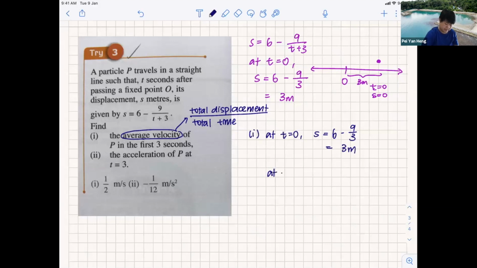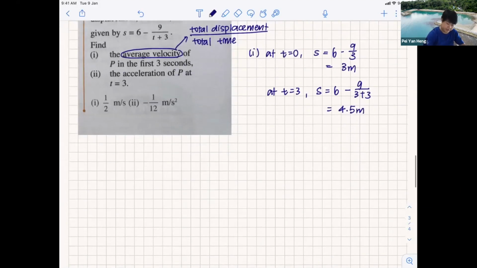And then at t equals 3 seconds, s will be 6 minus 9 over (3 plus 3). So 9 over 6, we get 4.5 meters.